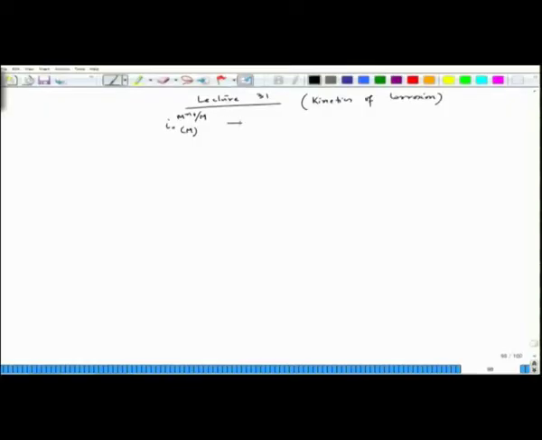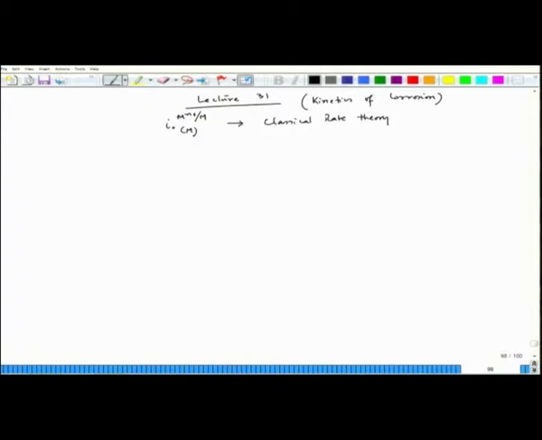So, now let us look at this from the classical rate theory. Classical rate theory says that there would be a jump of a metal atom from one surface to another, and this is a thermally activated process.